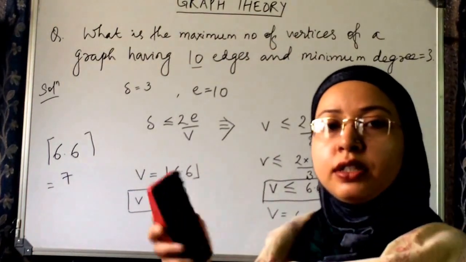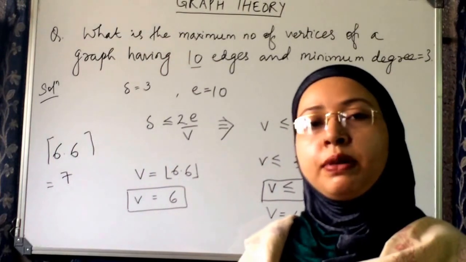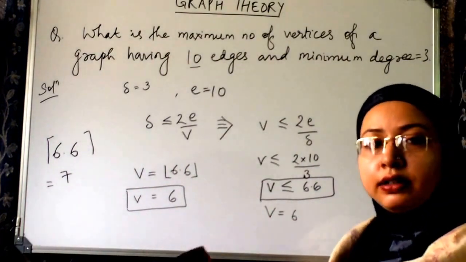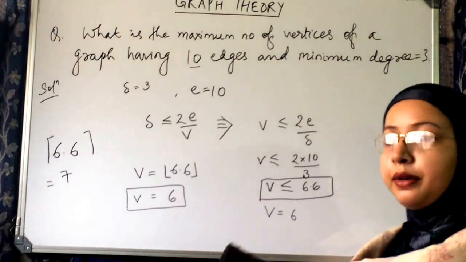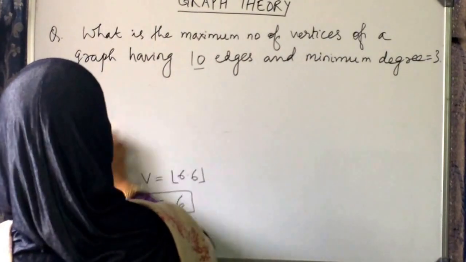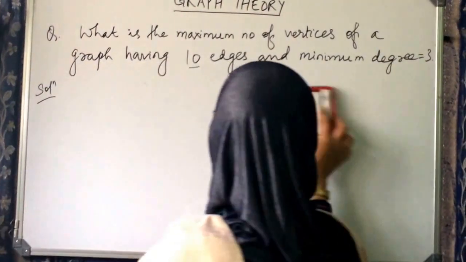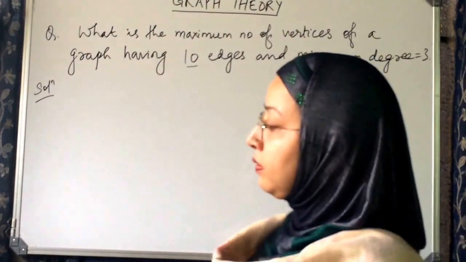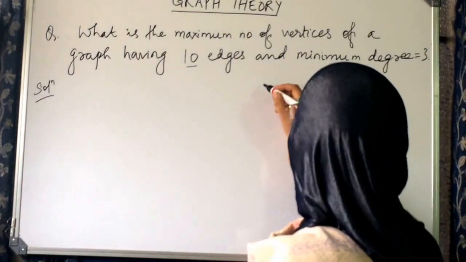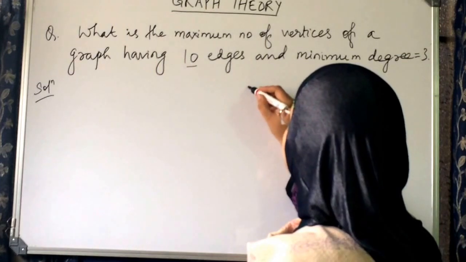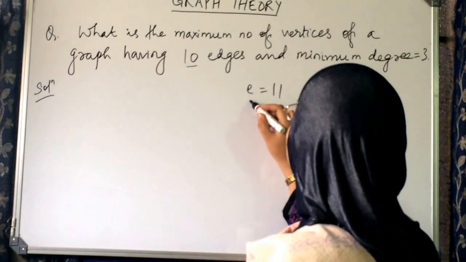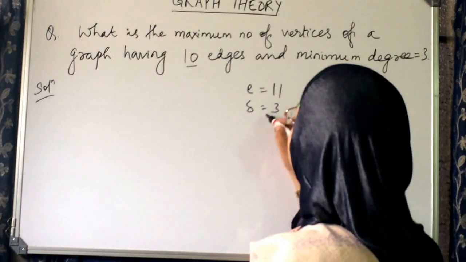Let's change this question a bit and see what the answer will be. I am erasing it. You pause the video and write it down. Let's say that E is given as 11 and del is given as 3.